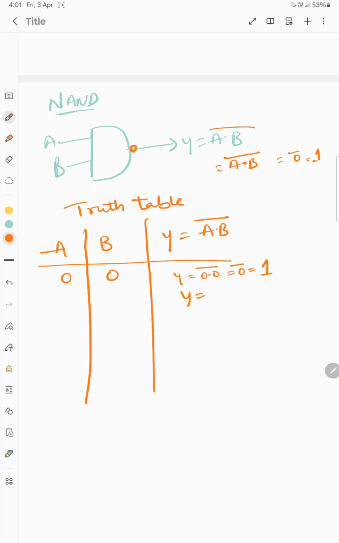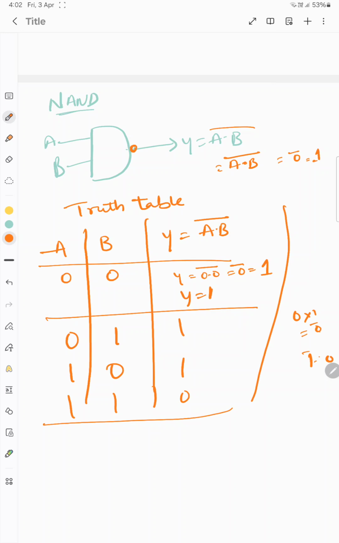So y is equal to 1. Okay, if 0 and 1: A dot B, 0 into 1 is 0, but the complement of this is 1. Like this we are going to describe. 1 into 0 is 0, 0 bar is 1. 1 into 1 is 1, 1 bar is 0. This is the truth table of NAND gate.